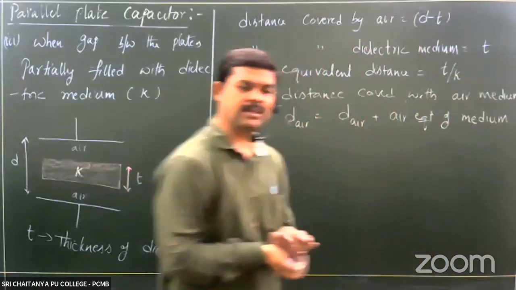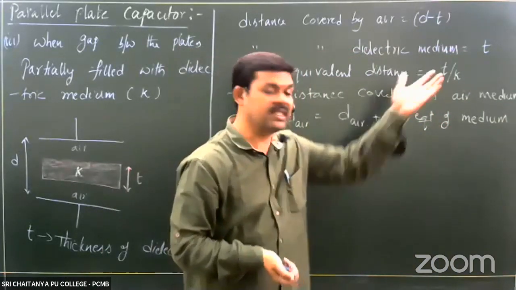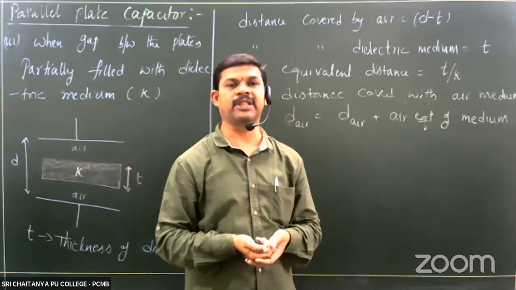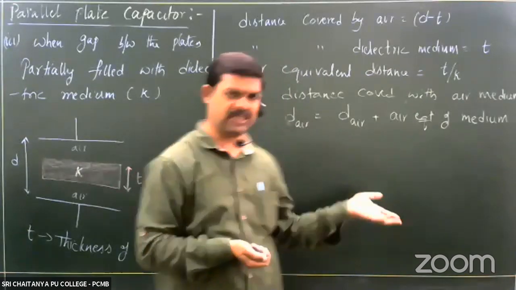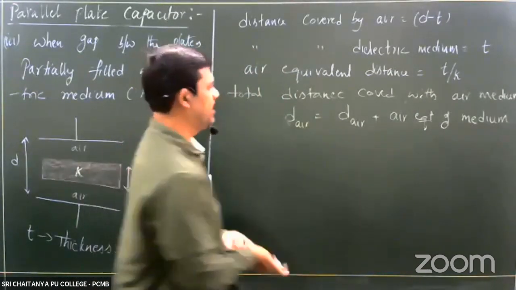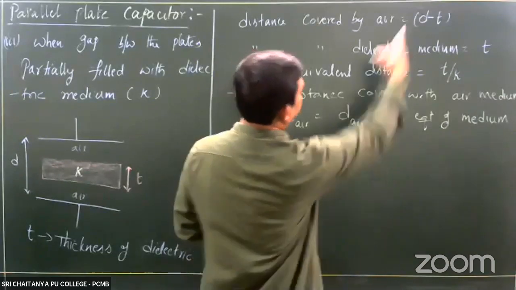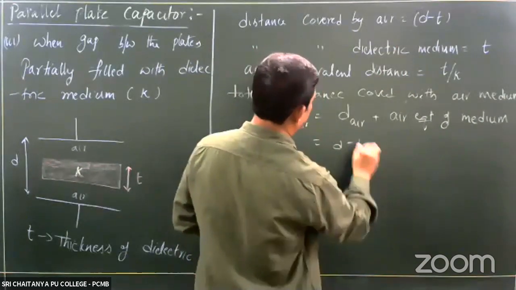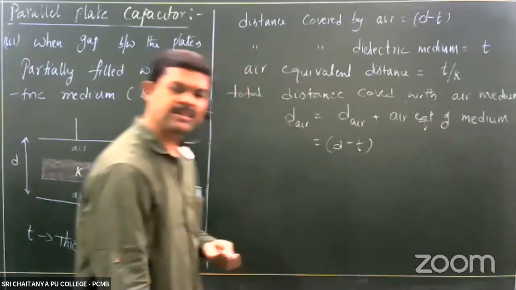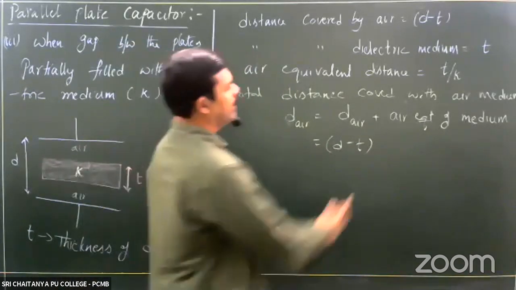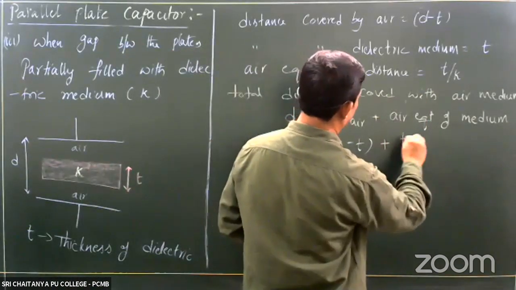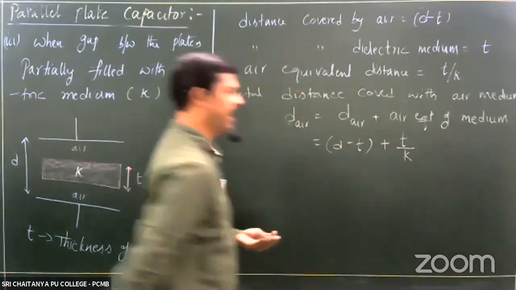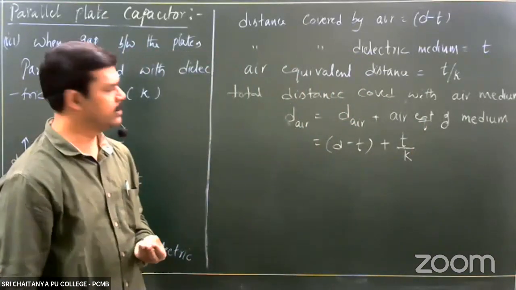Air equivalent in the sense that it gives the distance when covered with air, which gives the same capacity, as we just discussed previously. So what is the distance covered by air? D minus T. And the air equivalent is what? T by K, right?